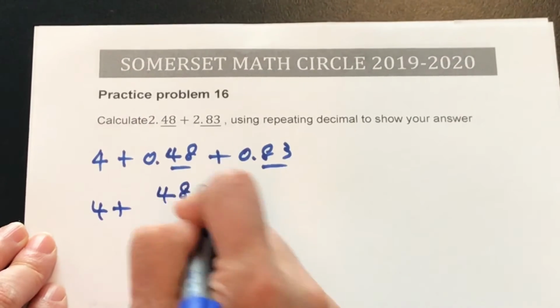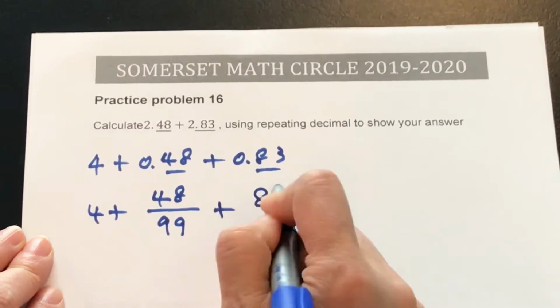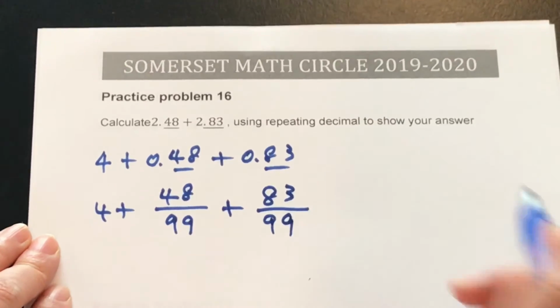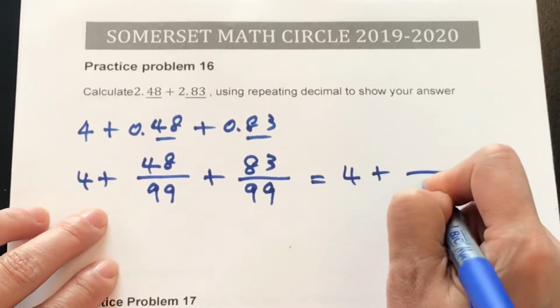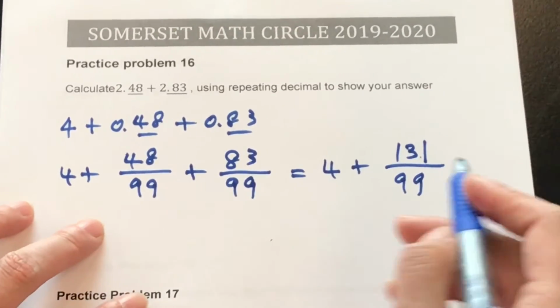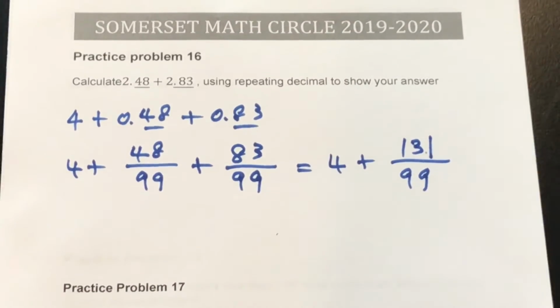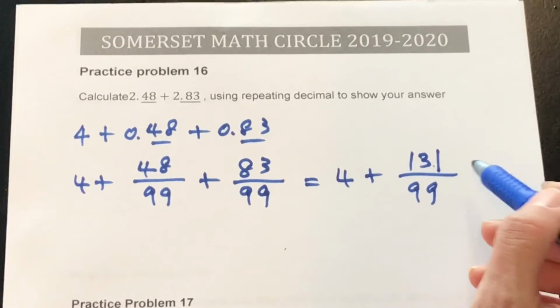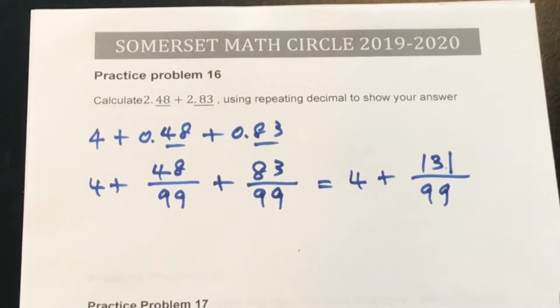That is 48 over 99. This one in fraction form is 83 over 99. So this would give you 4 plus 131 over 99. Then you convert this into a mixed number, and the mixed number would give you a fraction at the end. Convert that into decimal to find out the answer.